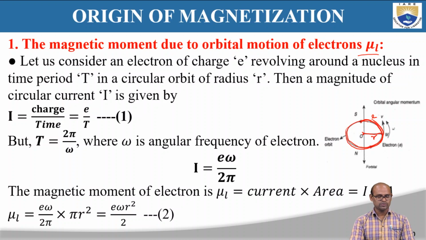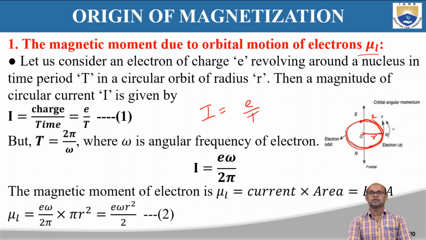I is equal to charge by time. The charge of electron is e, and the time it takes to complete one revolution is T. So the circular current I is equal to e by T, charge by time.